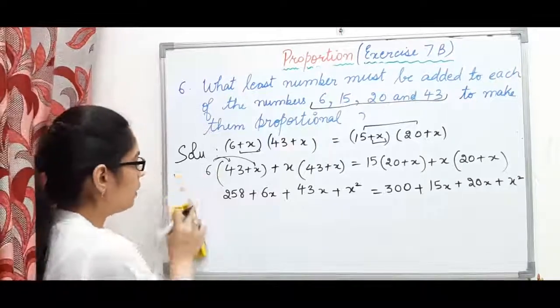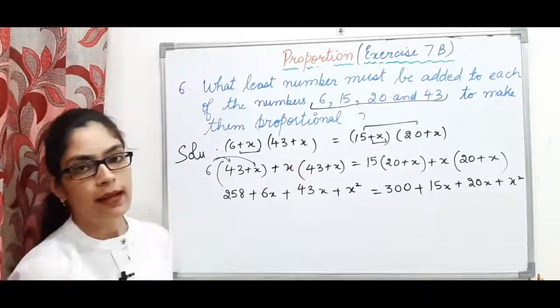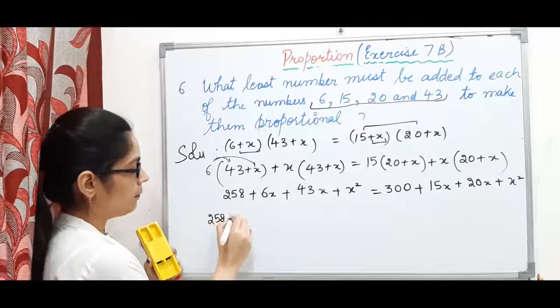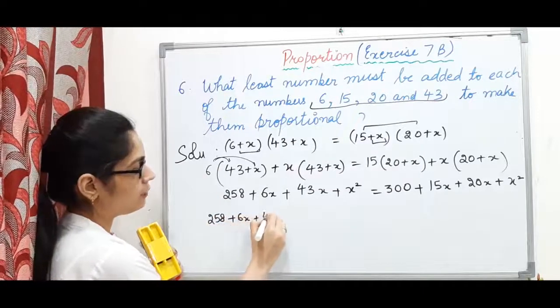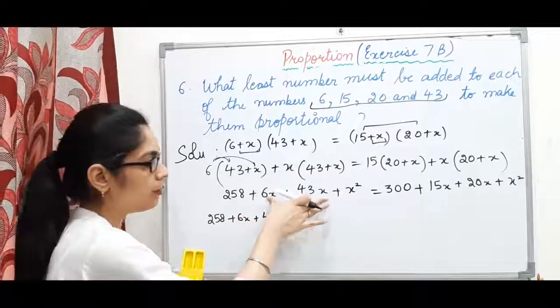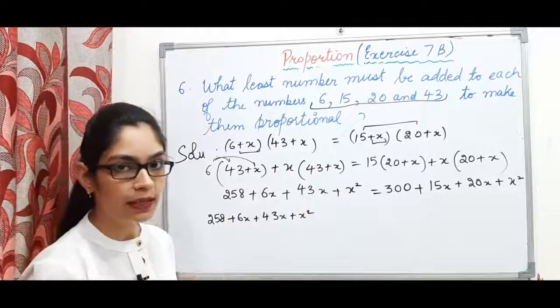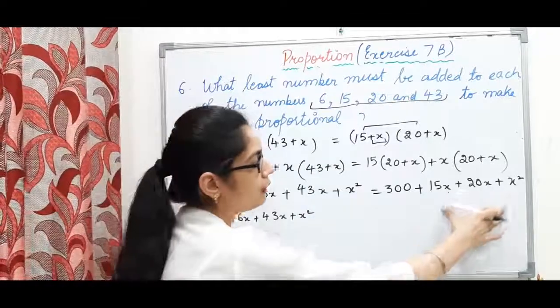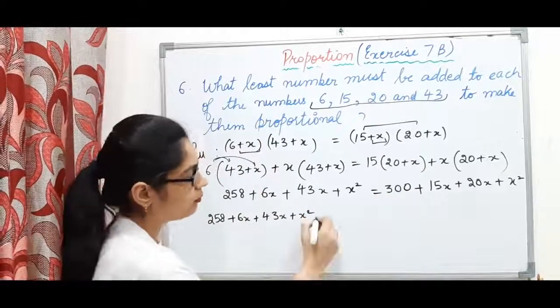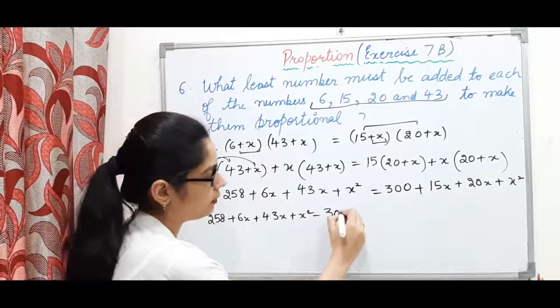Now we can shift all the terms to one side and then we can add like terms. So 258 plus 6x plus 43x plus x square, all the terms are already on this side, so no need to make any change with the signs. Now all these terms we can bring to this side. So plus 300 on changing the side will be changed to minus 300.